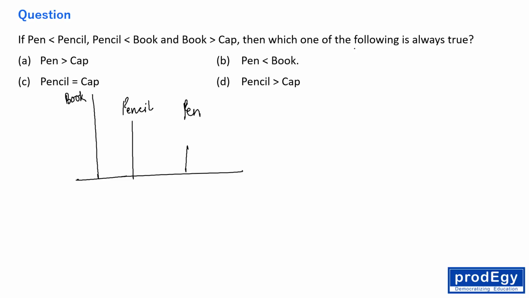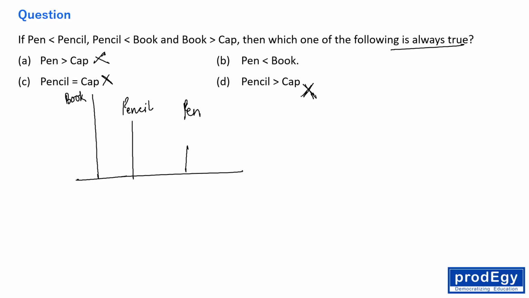Anyways, then which of the following statement is always true? Always true, friends, always true. If the question is saying always true, then obviously the statements in which cap is involved, we can't say anything about it, right? Fine. So pen is greater than cap, don't know. Pencil is equal to cap, don't know, right? Pencil is greater than cap, don't know.